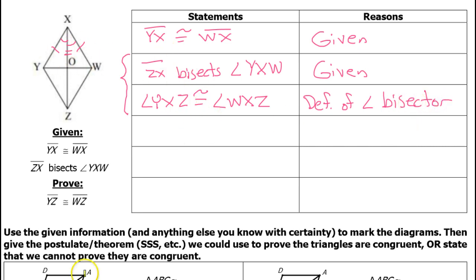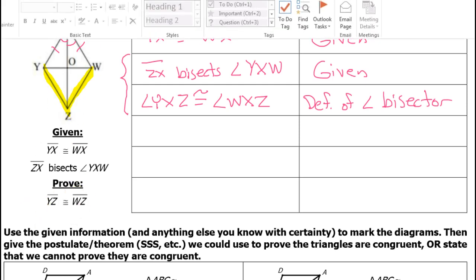Let's pay careful attention to what our target is, what we are trying to prove. We are trying to prove that YZ is congruent to WZ. All right, so I have to think about what 2 triangles I need to prove congruent, because there are a lot of triangles in this picture. Am I trying to just prove these 2 little tiny triangles to be congruent at the top? No, because that would not involve these yellow sides down here that we need.